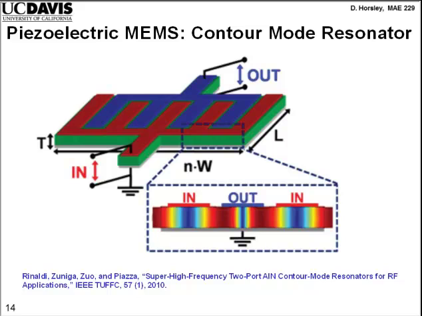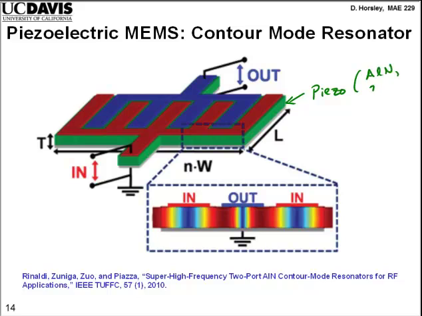Another way to make these piezoelectric resonators is called a contour mode resonator. This is from a paper from Gianluca Piazza's group; he's now at Carnegie Mellon University. The green layer here is the piezo material. It's usually aluminum nitride.